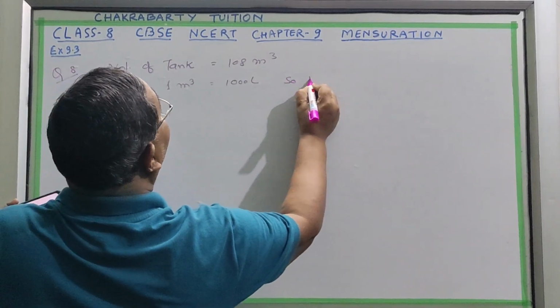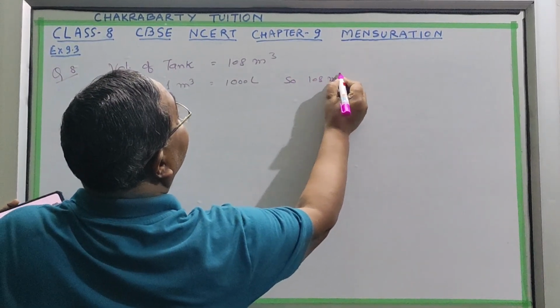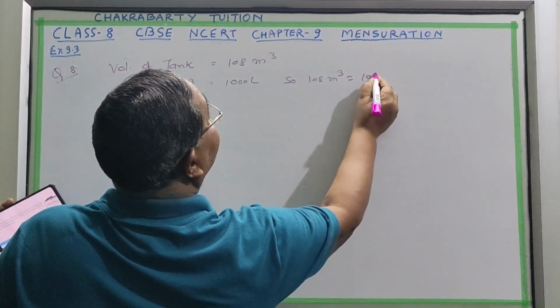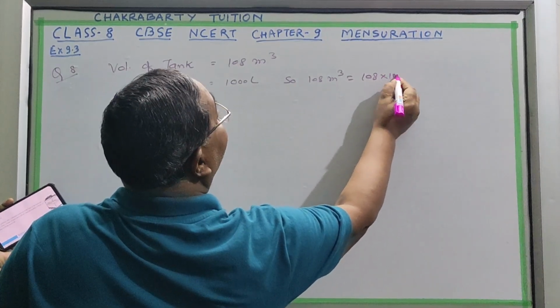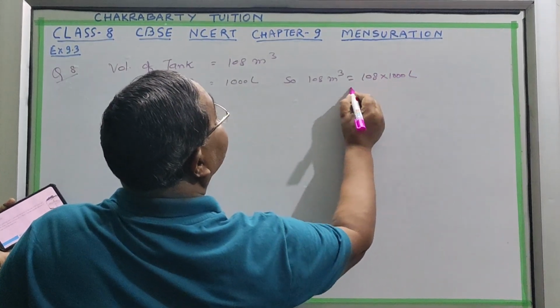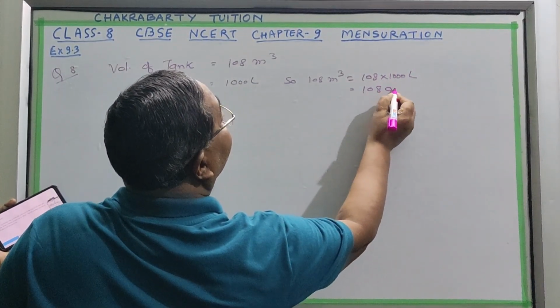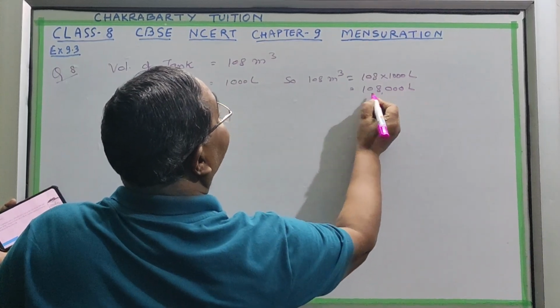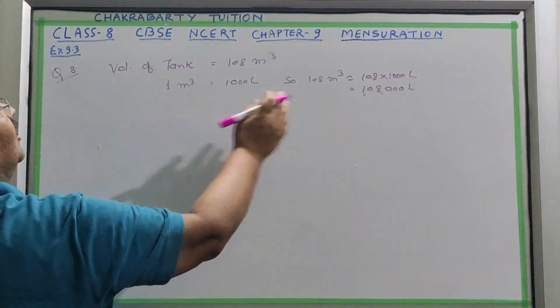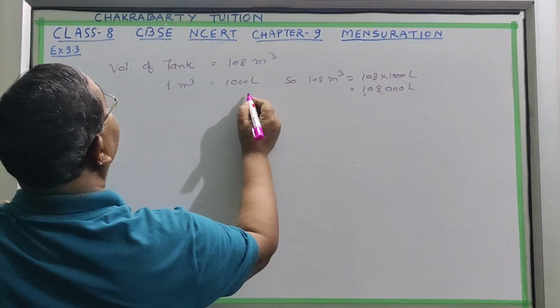So 108 meter cube is equal to 108 into 1000 liters. Okay, this is the capacity. Volume means capacity of the tank.